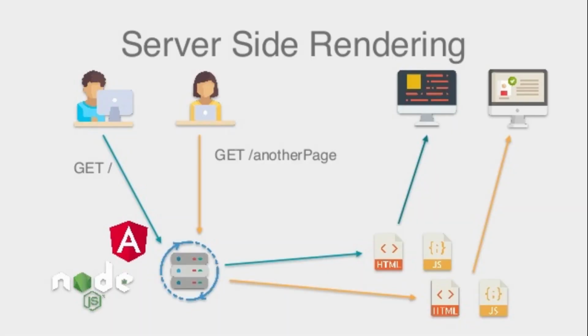And in order to solve this and make sure SEO is fine, something called server-side rendering came into the picture, meaning whatever page the user wants to see gets pre-rendered on the server, so that all the search engines will get all the SEO benefits and they'll be able to rank the website properly.